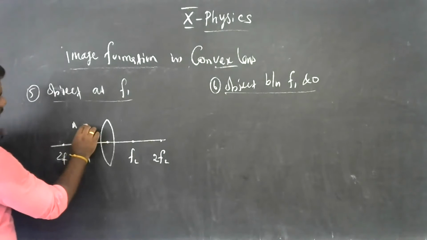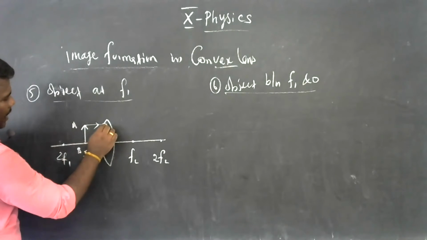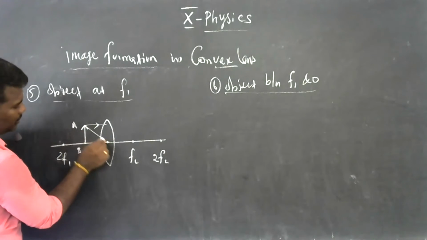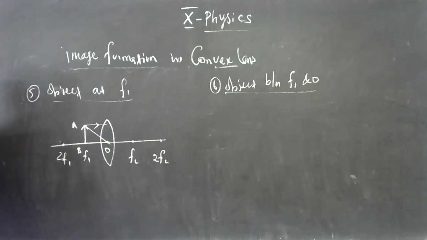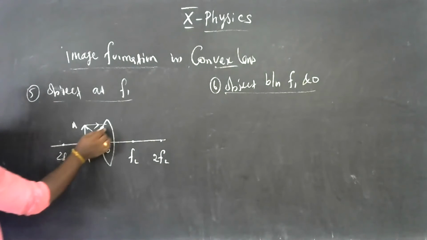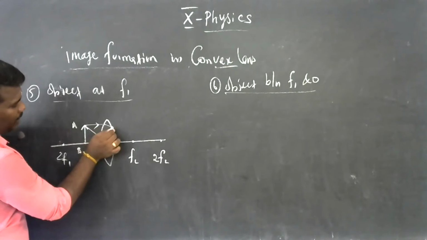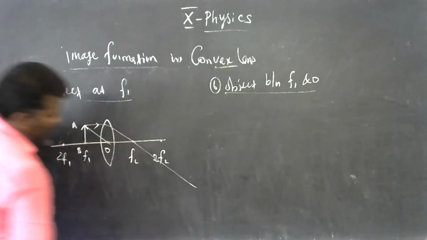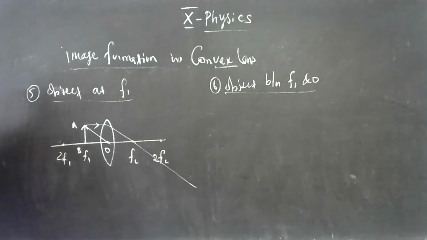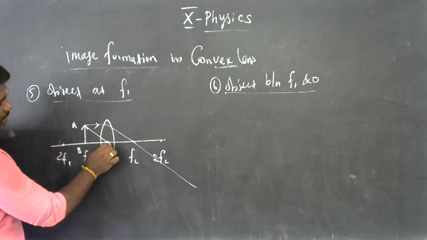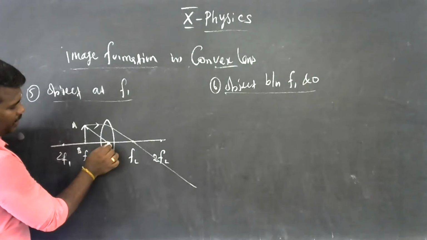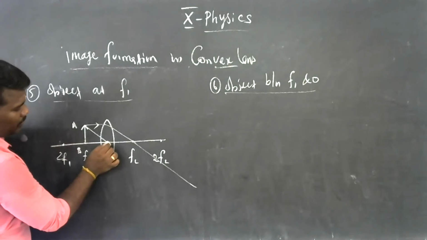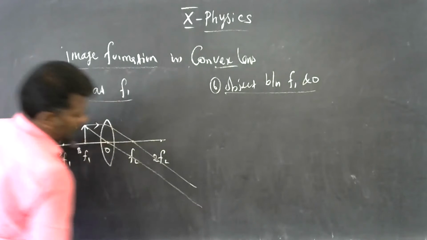In this case also, we consider two incident light rays. One is parallel to the principal axis, another one is passing through the optical center. This parallel ray, after getting the refraction, definitely passes through the point F2. And this is not a deviated ray. The undeviated incident ray, which is passing through the point O, this is the ghost ray.